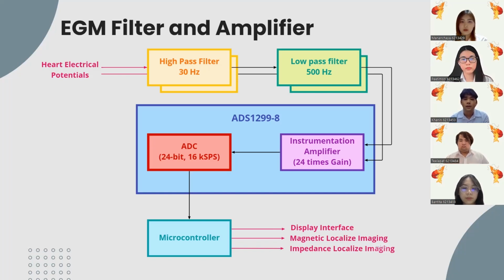Then the 2 signals go into the instrumentation amplifier and analog to digital converter of the ADS12998. The gain of the amplifier is 24 times, and the ADC has 24 bits and 16 kilo samples per second. The signal is then sent to the microcontroller and forwarded to the display interface, the magnetic localized imaging system, and the impedance localized imaging system.